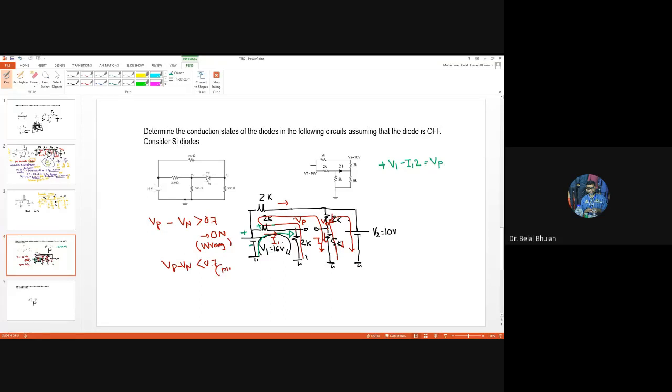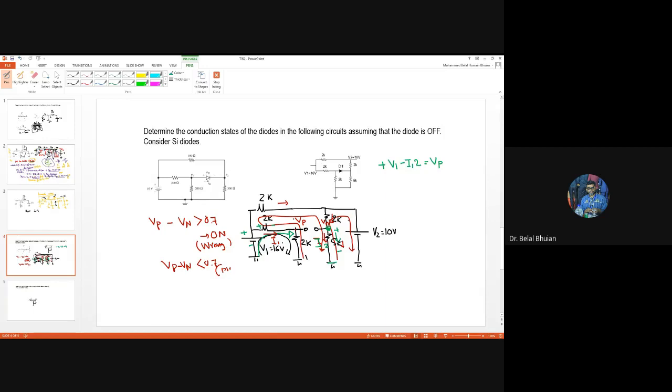Now I want to determine VN. VN is this terminal voltage, and let's say the current flowing is I2, in this direction. If I start KVL from the ground till this point, since the current is flowing from top to bottom, the voltage polarity across the resistor is plus at the top and minus at the bottom.